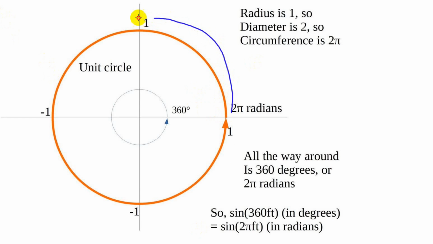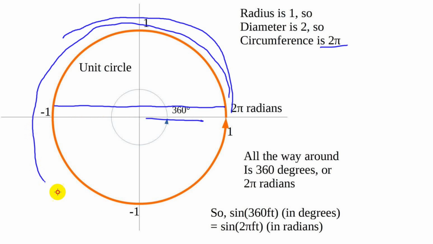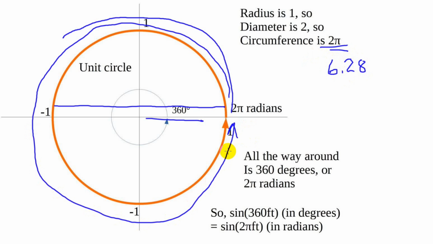Well, we know that the circumference of a circle is pi times the diameter. In this case, it is the radius that is 1 unit long, so the diameter is actually 2. So the total length around the circle, if you were to measure it with a tape measure, would be 2 times pi, usually written as 2 pi, or about 6.28.